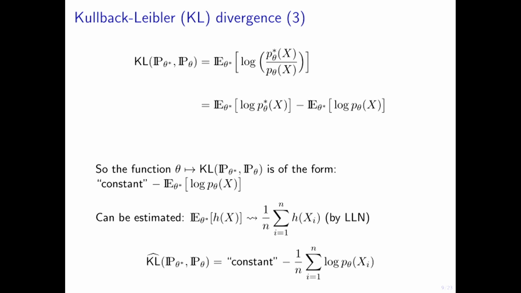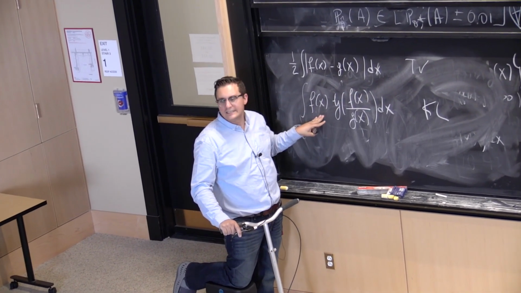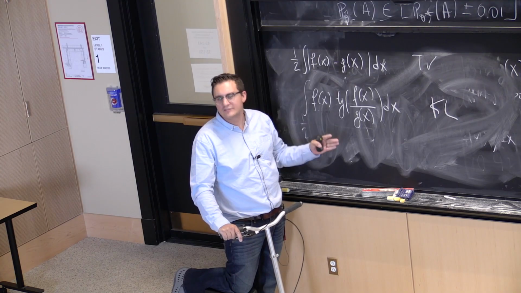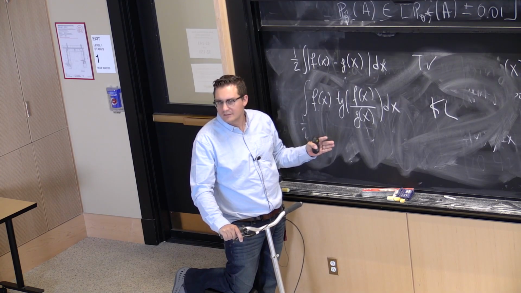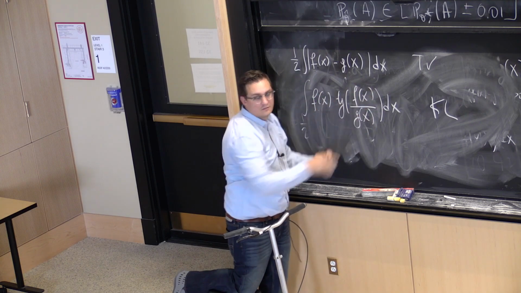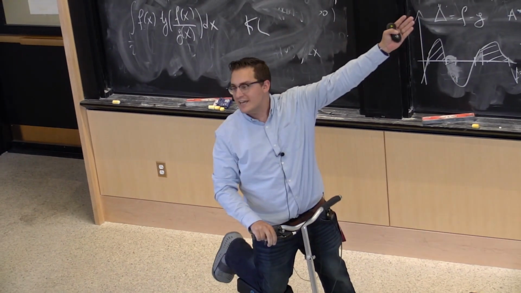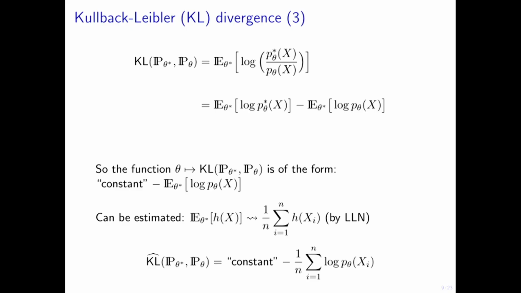All right? So the first thing that you want to notice is that the KL divergence, sorry, is actually an expectation of something. Look at what it is here. It's the integral of some function against a density. That's exactly the definition of an expectation. So this is the expectation of this particular function with respect to this density f. So in particular, if I call this density f, if I say I want the true distribution to be the first argument, this is an expectation with respect to the true distribution from which my data is actually drawn of the log of this ratio.